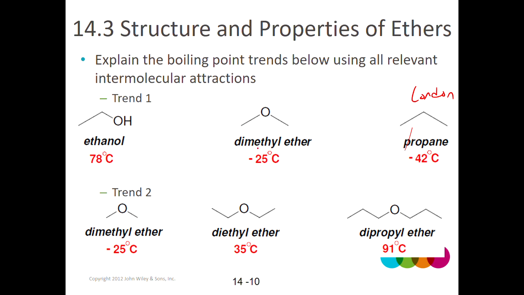It does have a higher boiling point than the propane because, as we said, there is a dipole here, and so when one molecule attracts to another, they can form some degree of dipole-dipole in addition to the London forces. That makes a significant difference, but not a huge difference compared to the hydrogen bonding.